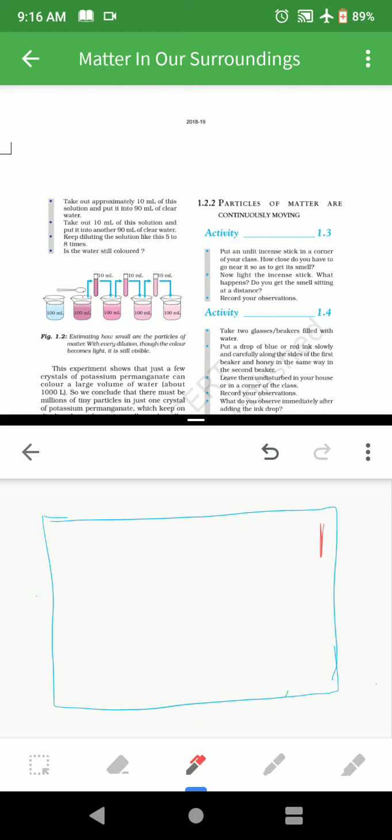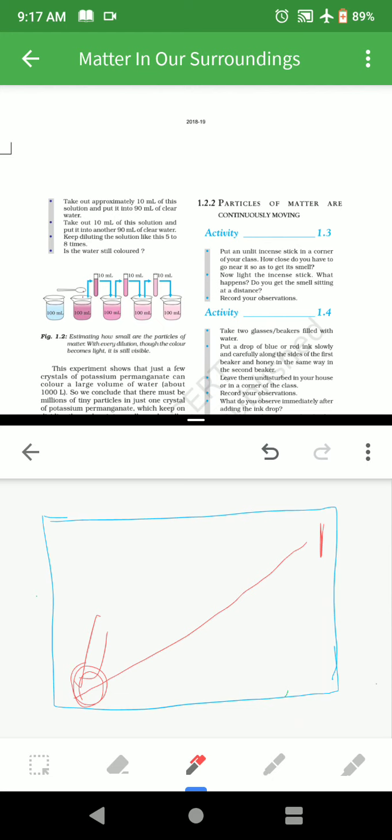Now come back to the opposite corner of your incense stick. Now just try the experiment. Will you get a smell of that incense stick at this point? No, you will not get any smell if you go away from that incense stick.